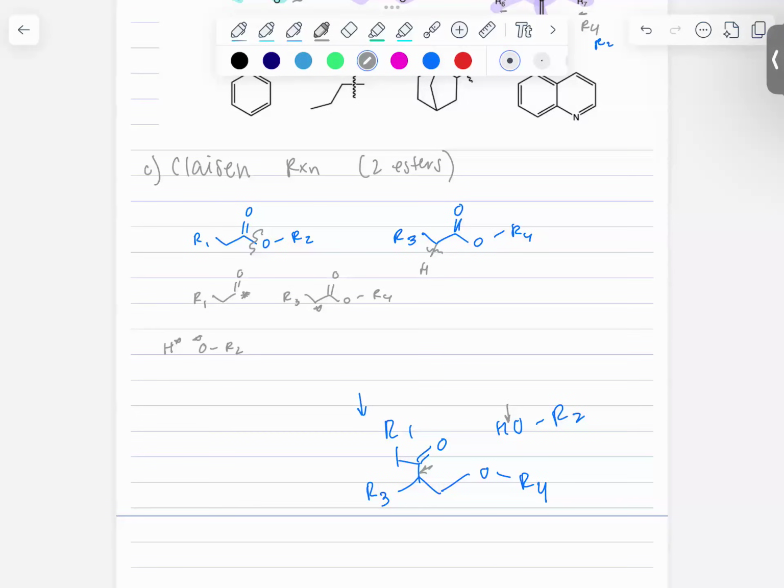I would draw it at least once as drawn on there, but then you could abbreviate it. I would draw it on your starting material and your end, but the intermediates you can just abbreviate as R1.